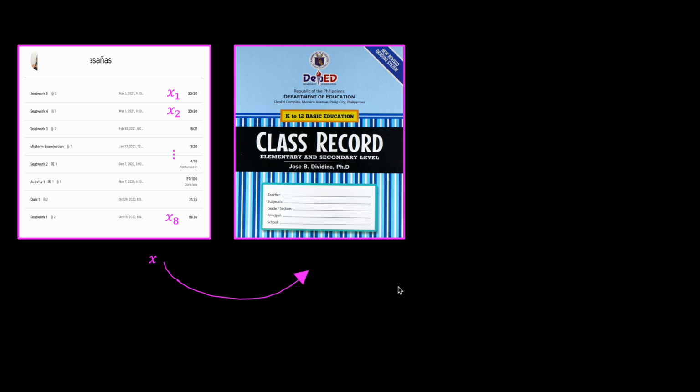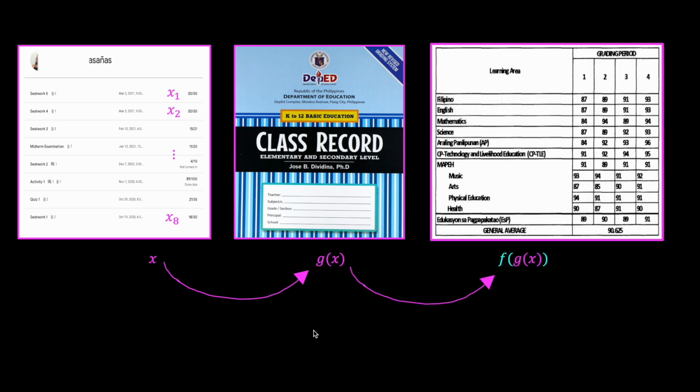Class record is the range of your function now, and the domain is the Google Classroom. So whatever the value of the numbers inside the class record, that will serve as your g of x. And the values computed from the class record will represent the f of g of x, which will be inserted in our new world, which is the report card.